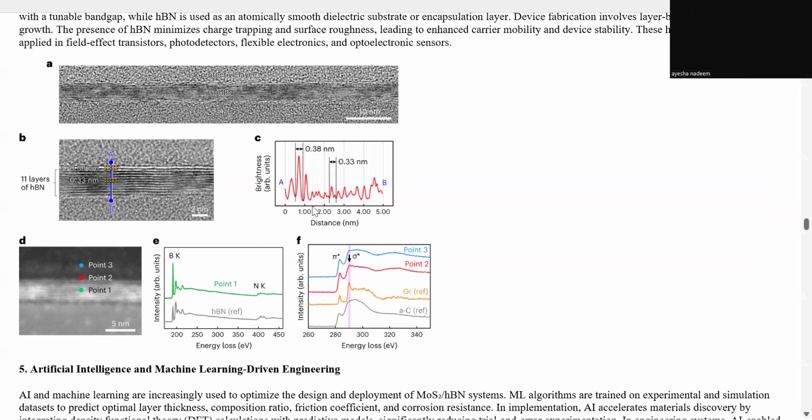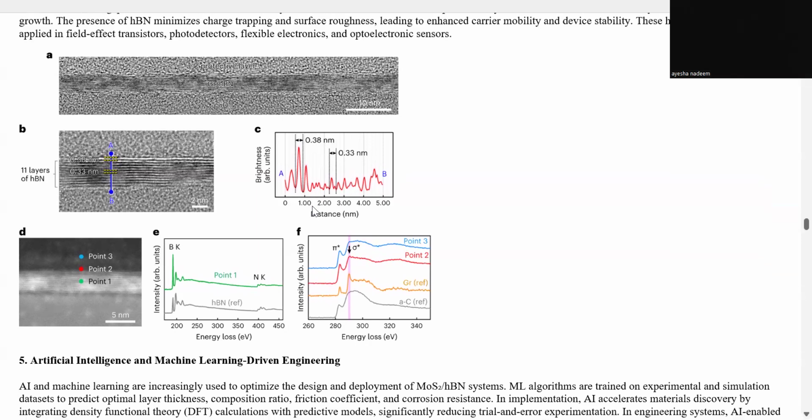And the figure shows that they're at different points. The resolution of this figure shows the layering at different points.